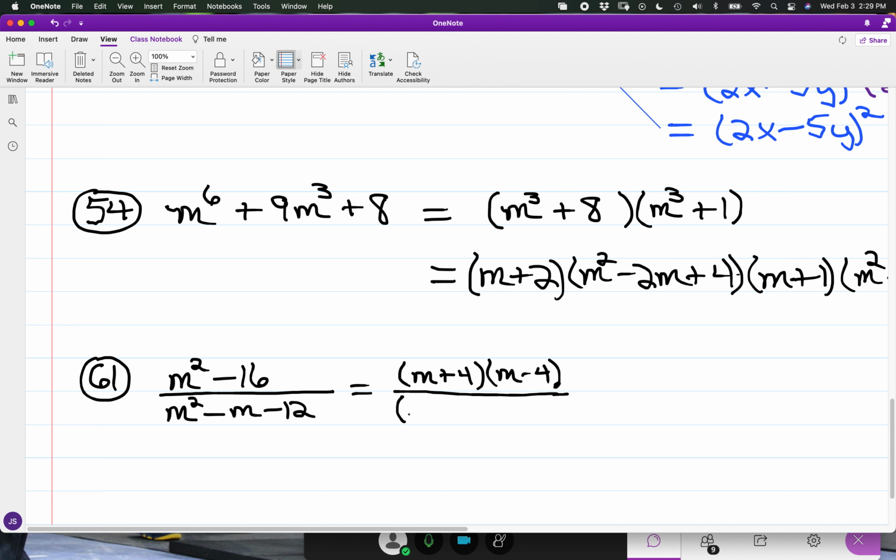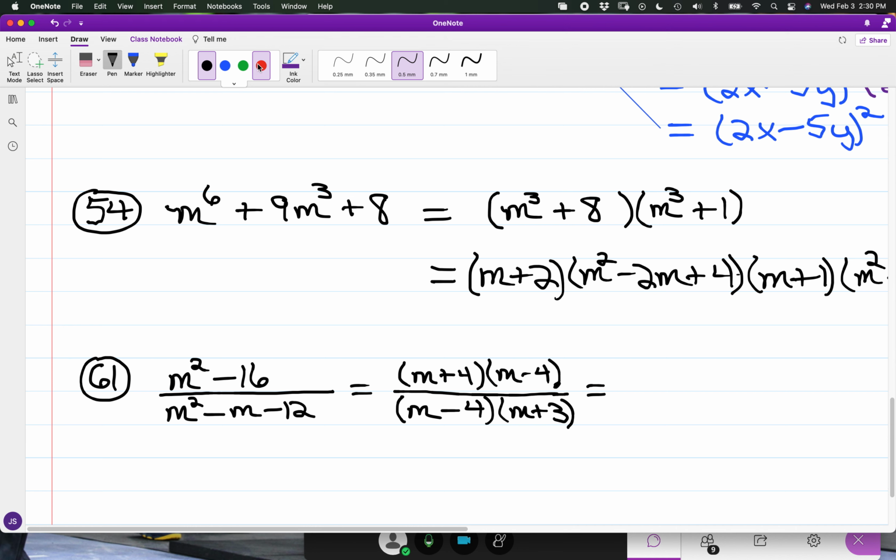And for m squared minus m minus 12, in factoring, that's going to be m minus 4 times m plus 3. And if you notice, between the numerator and denominator, there exists a common factor of m minus 4.